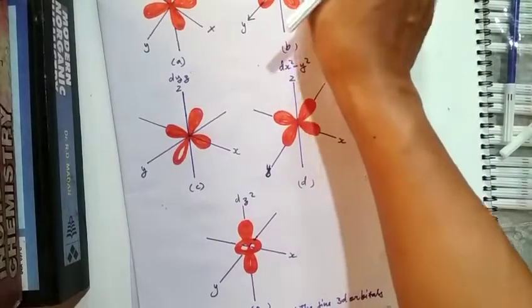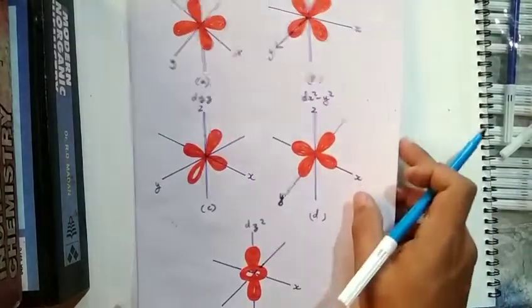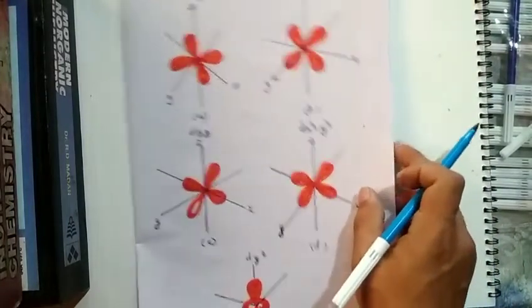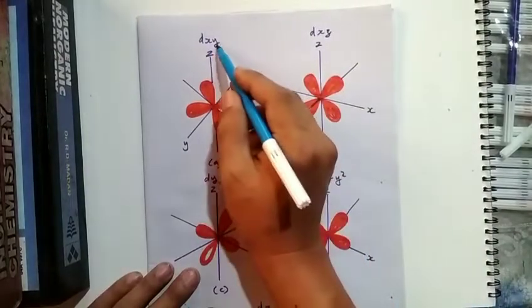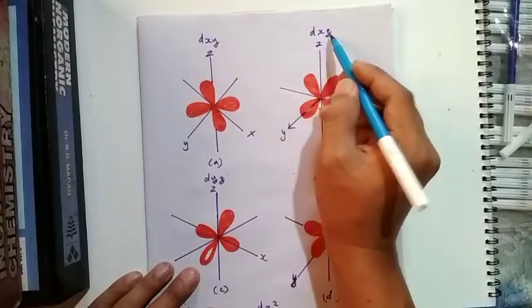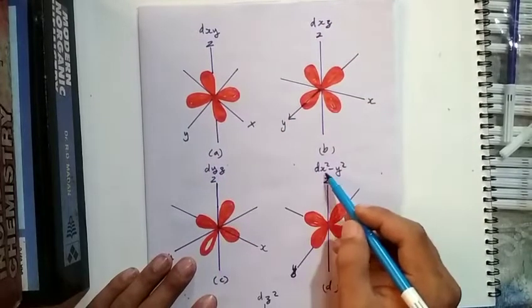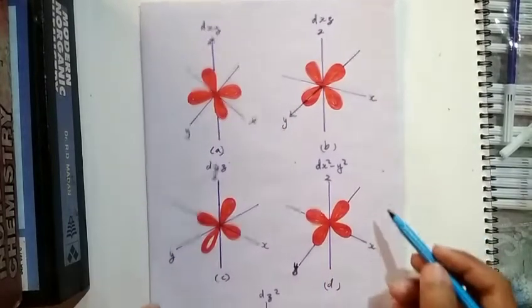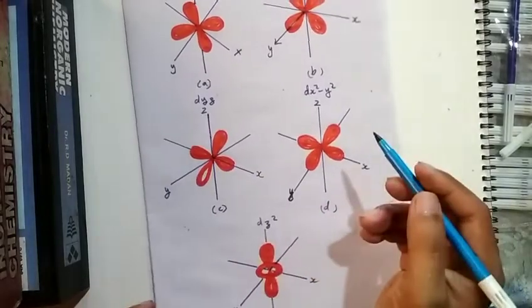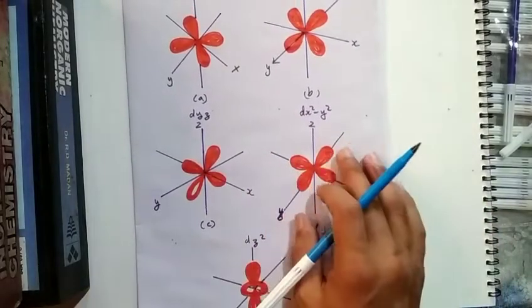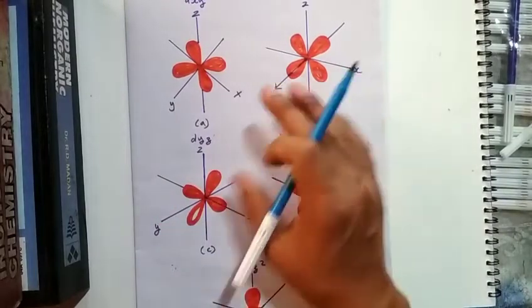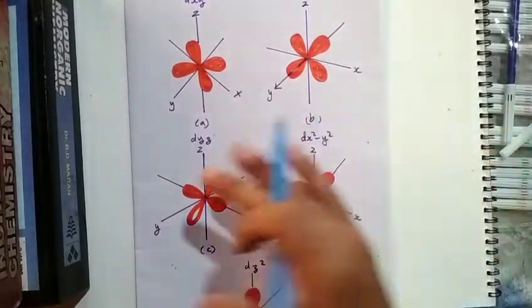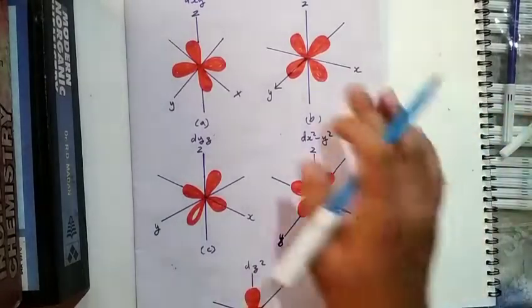So we have discussed s and p orbitals. Now we come to d orbitals. So d has 5 orbitals: dxy, dxz, dyz, dx square minus y square, and dz square. Like before, they differ in their orientation, along the x-axis, y-axis, or z-axis.